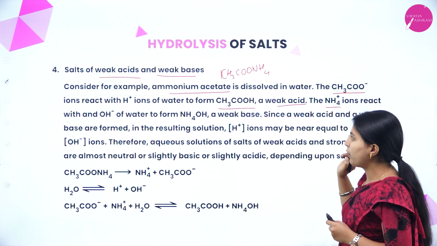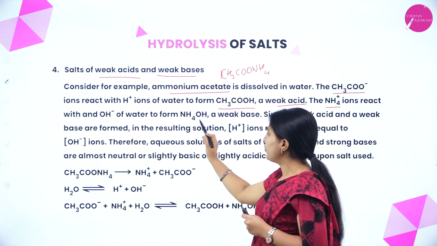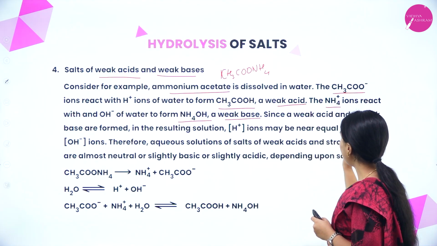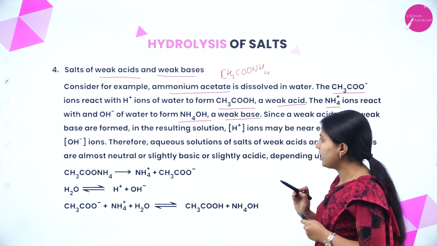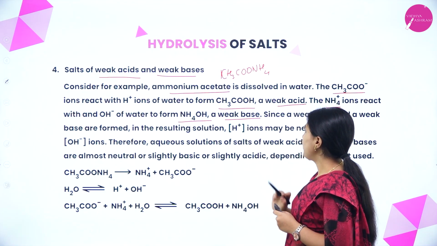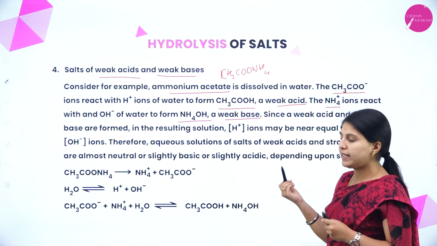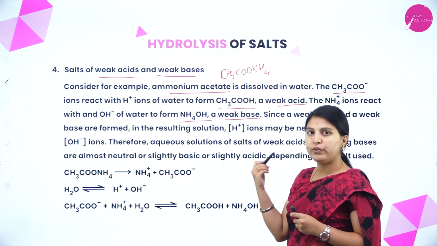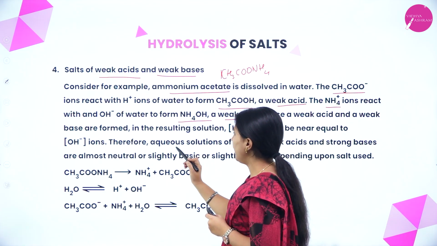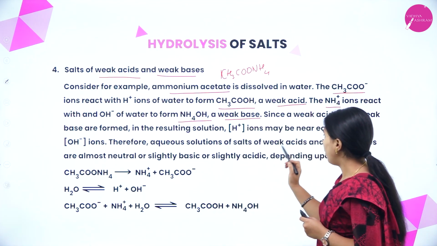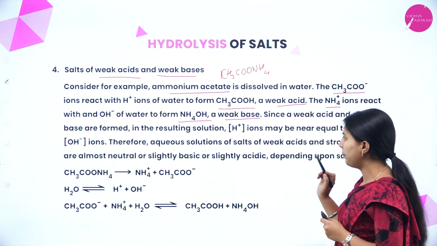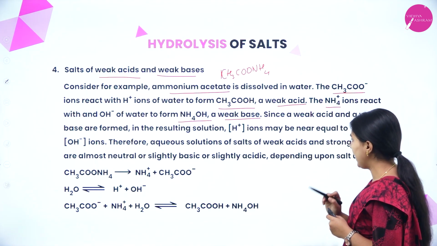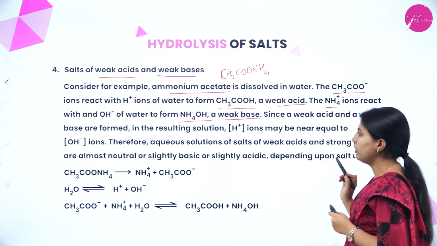Ammonium ion will react with OH-, which will form ammonium hydroxide. It is a weak base. Since a weak acid and weak base are formed in the resulting solution, the concentration of H+ ions may be nearly equal to the concentration of OH- ions. Therefore, aqueous solutions of salts of weak acid and weak base are almost neutral, or slightly basic or slightly acidic, depending upon the salt used.